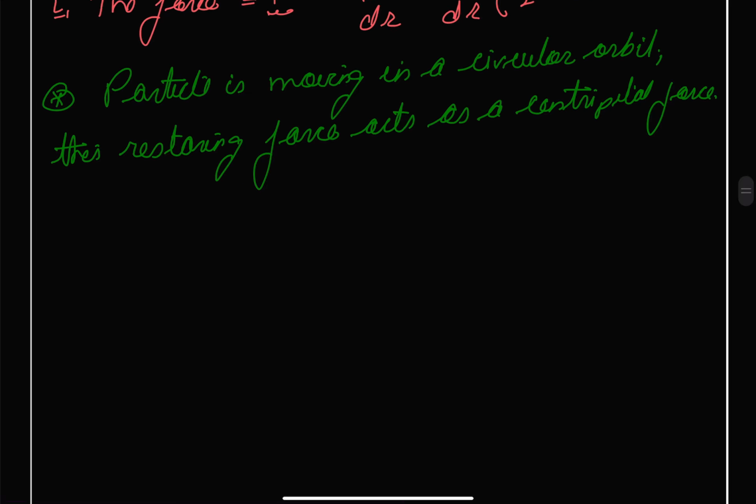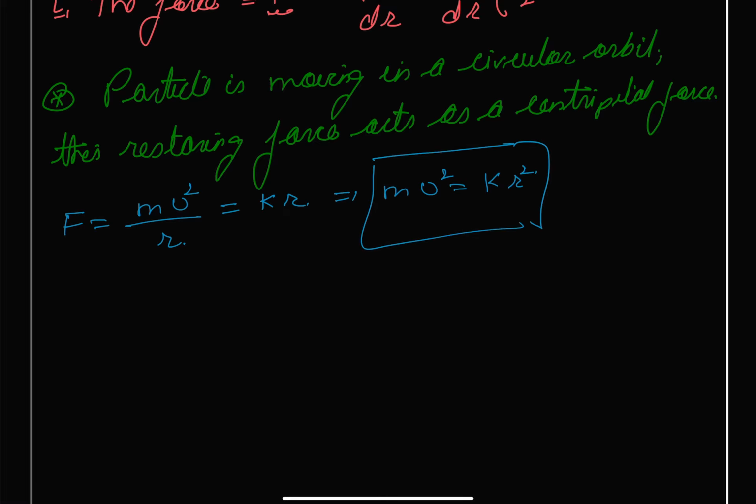Therefore, we can write that our F is equal to mv square upon r, and we can equate it with our kr, and from here we get that mv square is equal to kr square. This is one of the equations which we are going to use later on.